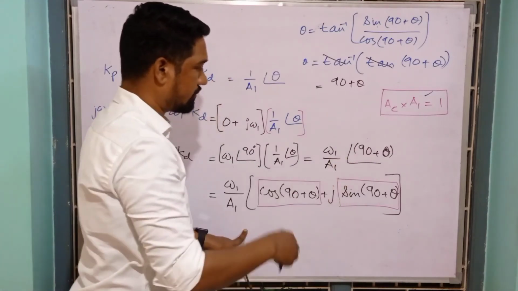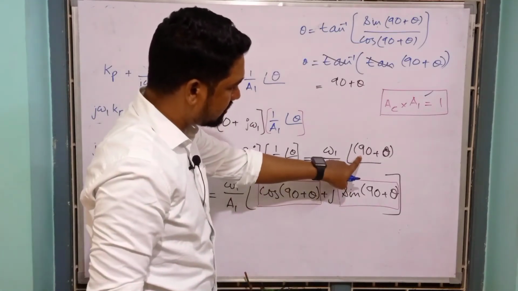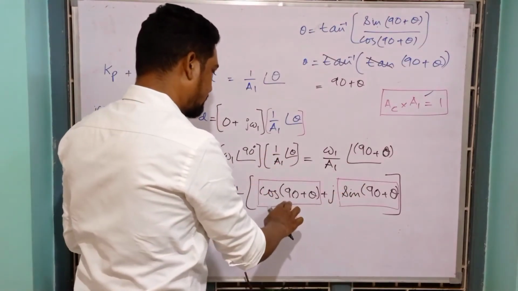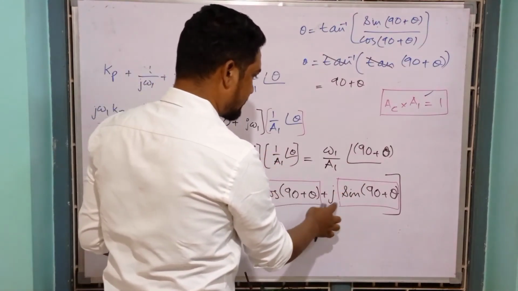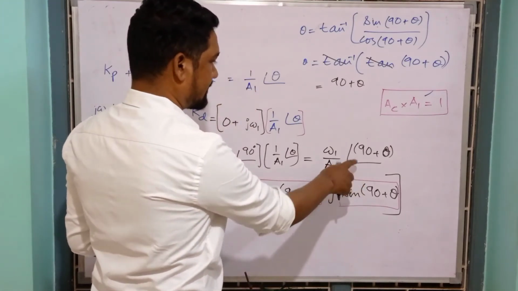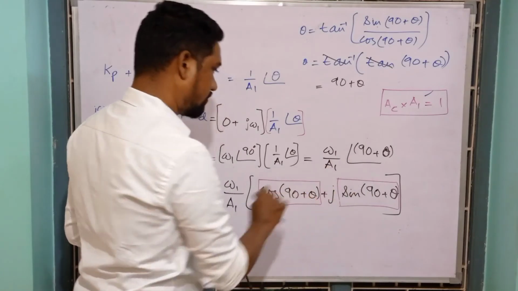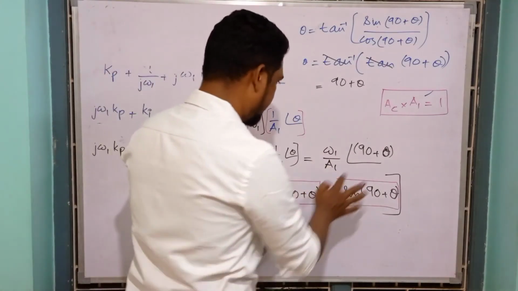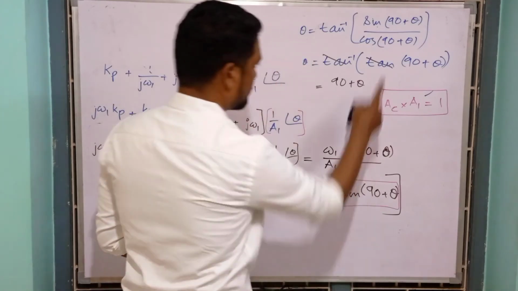While expressing this in terms of phase angle, we may express this in terms of cos 90 plus theta plus j sin 90 plus theta. When we write the expression for phase angle, that comes back to this one, and so this is right. So this can be written in terms of this one. Okay, so this is the justification.